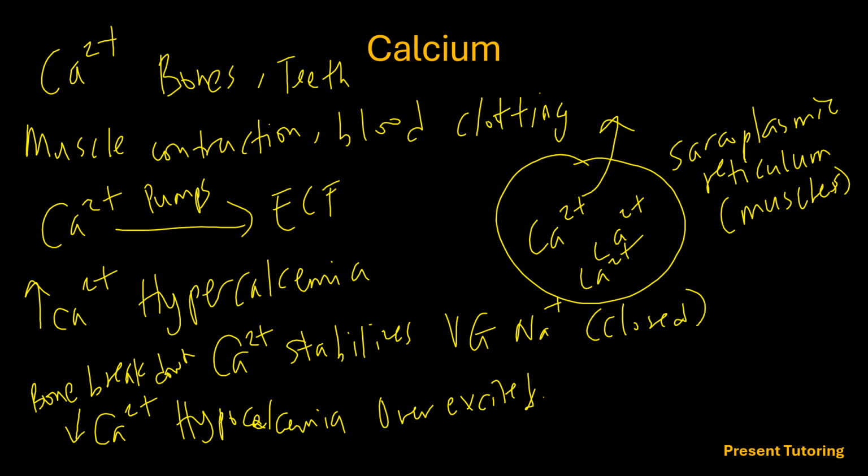So it becomes more stimulatable. The sodium channels can open up, and that results in more action in terms of muscle contraction and the like. So you can either have hypercalcemia, excess calcium, or you can have hypocalcemia, which is small amounts of calcium.